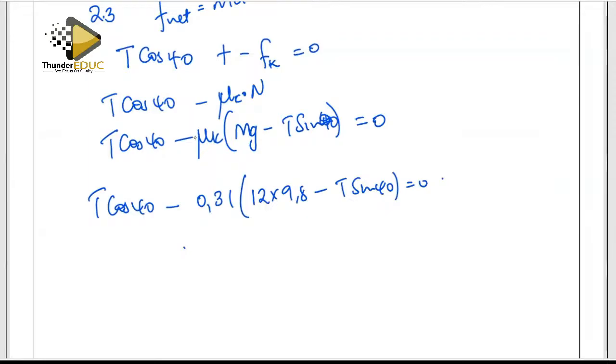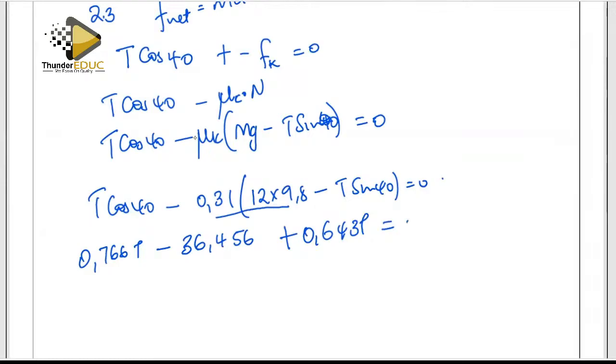We're saying the cos of 40 is 0.766T minus, when I multiply this entire thing, 0.31 times 9.8 multiplied by 12 is giving me 36.456. This and that, I'm going to get a plus. What is the sine of 40? Sine of 40 is 0.643T is equal to 0.